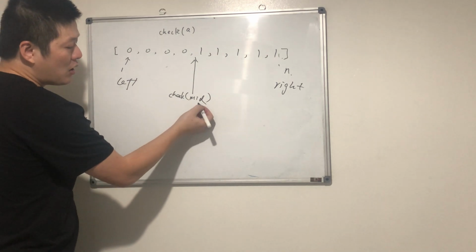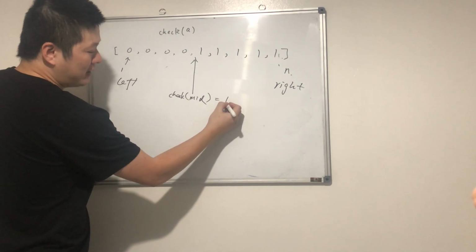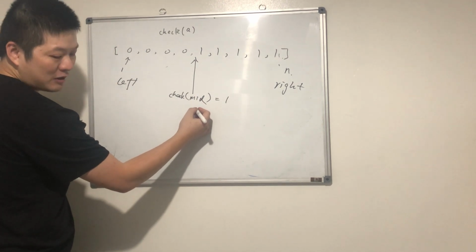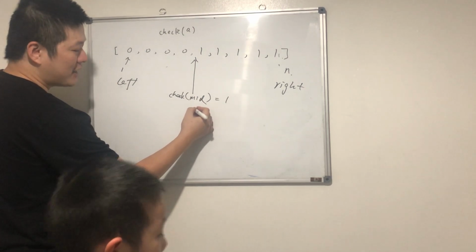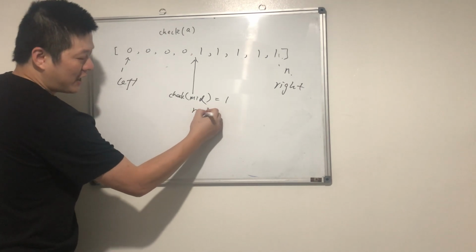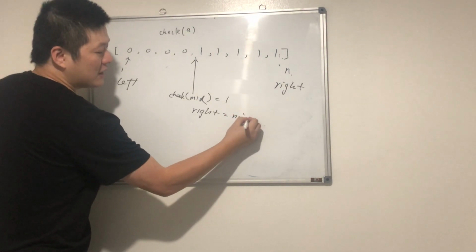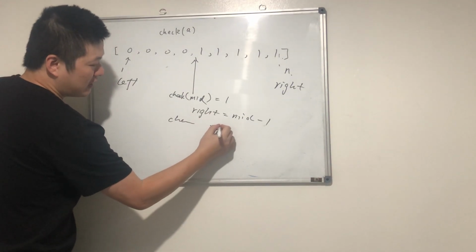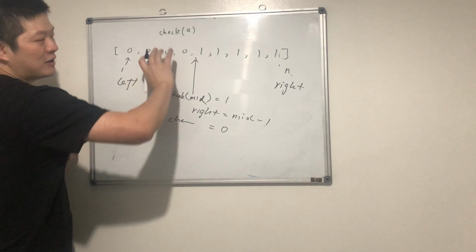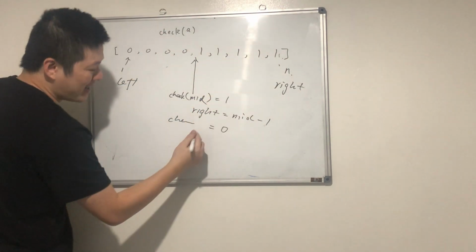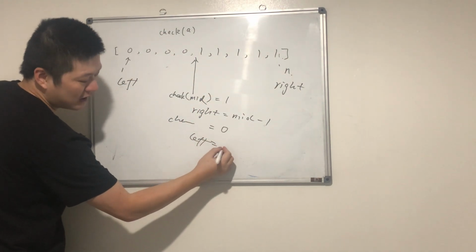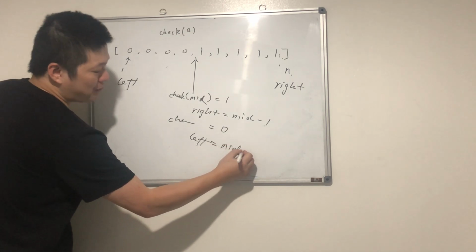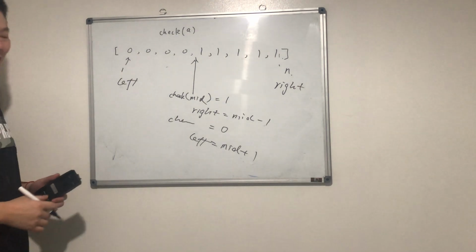So when check middle is 1, right will become mid minus 1. If check middle is 0, it's in the right-hand side, so left will become mid plus 1.